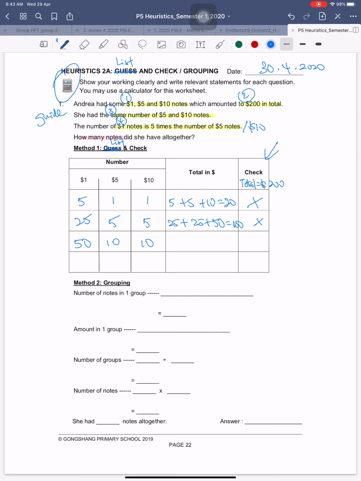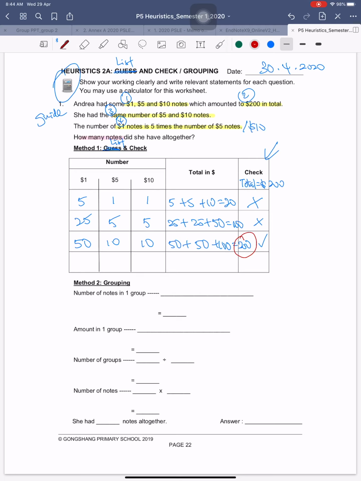So 50 times $1, $50. 10 times $5, $50. 10 times $10 notes, 100. 50 plus 50 plus 100, 200. Yes, this is what we want because you have to ensure that the total is 200.